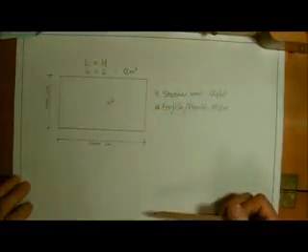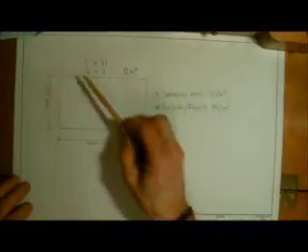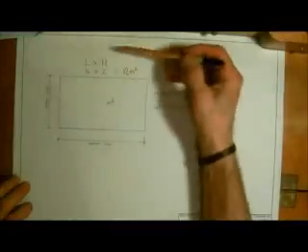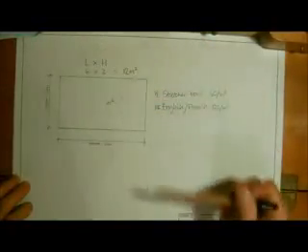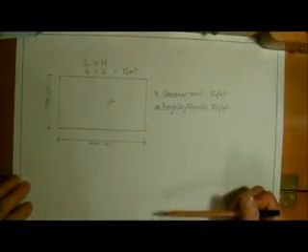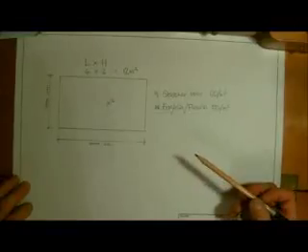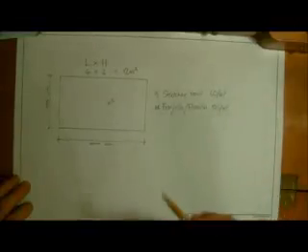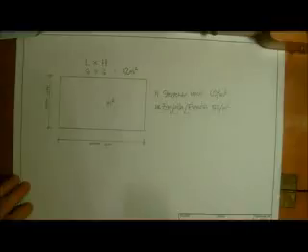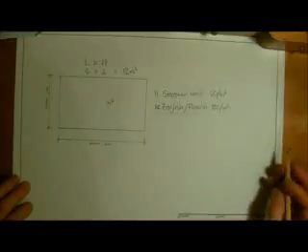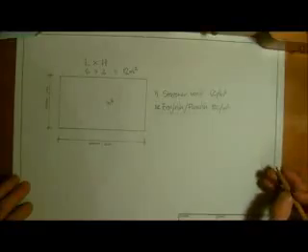So we're going to work out doors and windows. We're also going to do gables, so we'll be working out the amount of bricks and blocks for a gable. And then another thing we're going to have to do is work out wastage, which means working out percentages.